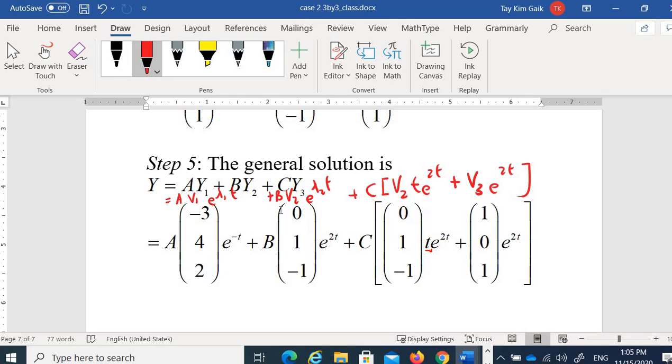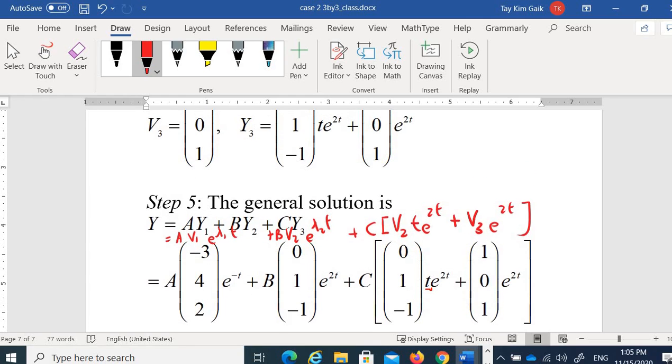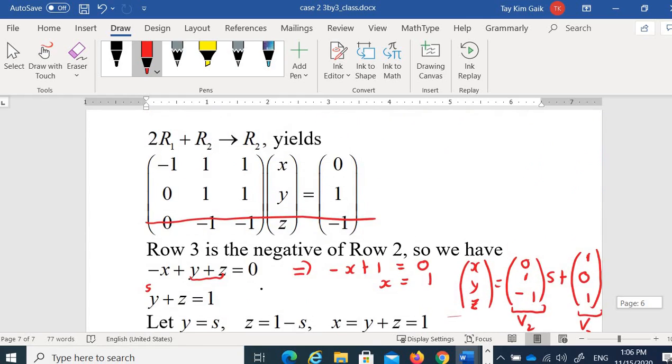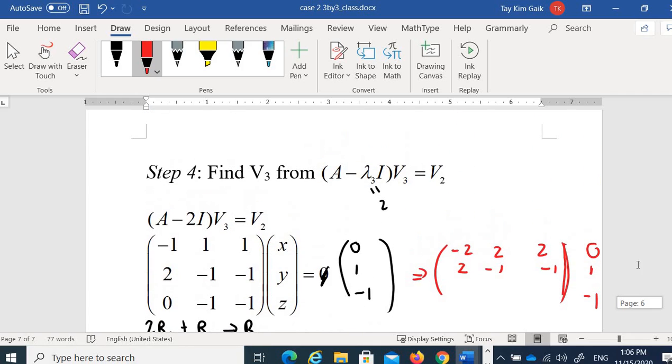Not like the previous example, where we got 2 repeated eigenvalues and could use 2 eigenvectors, so in total we got 3 eigenvectors. In this case, for the repeated eigenvalue we can only get 1 eigenvector, v2. So to get v3, we will solve A minus lambda I times v3 equal to v2 to obtain the new eigenvector.